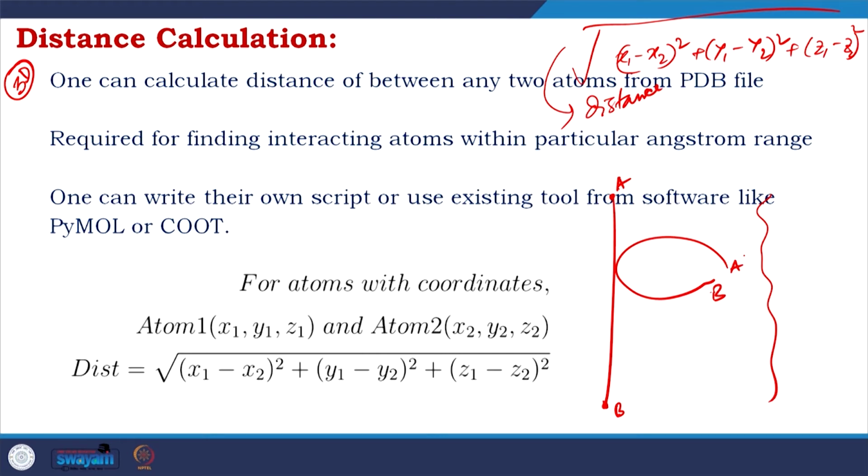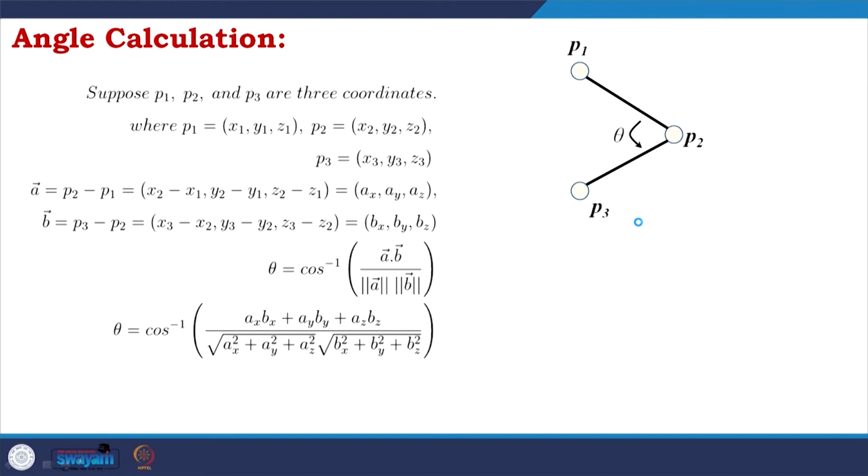When you have an amino acid A and B, if this one has a C double bond O and this one has an NH, you could find the distance and tell whether this is forming a hydrogen bond or not. In that way, many things could be attained by doing the distance calculation.